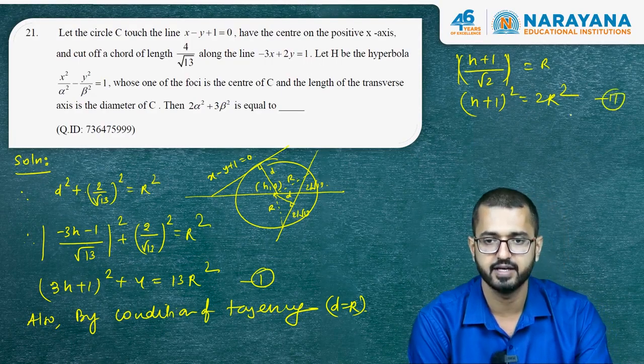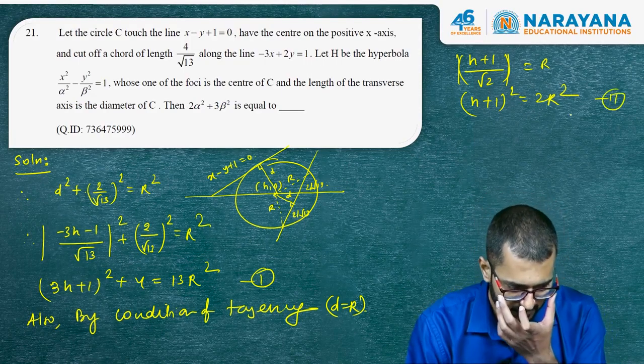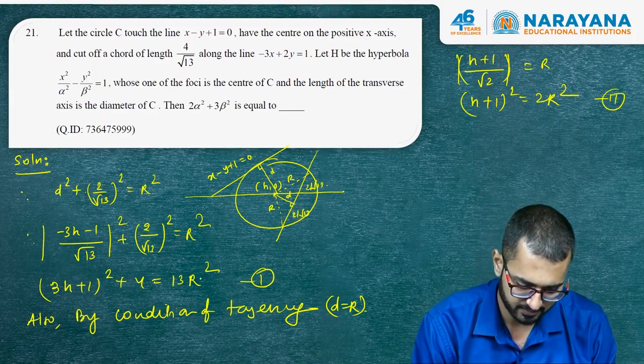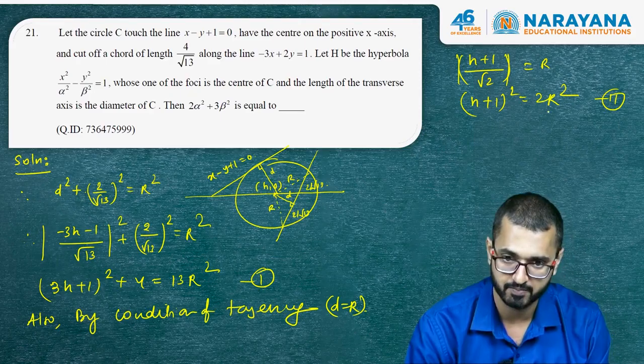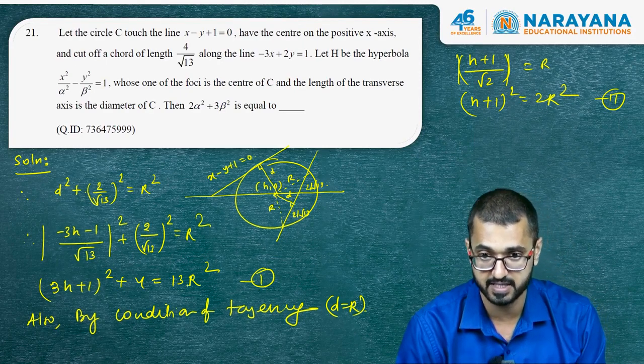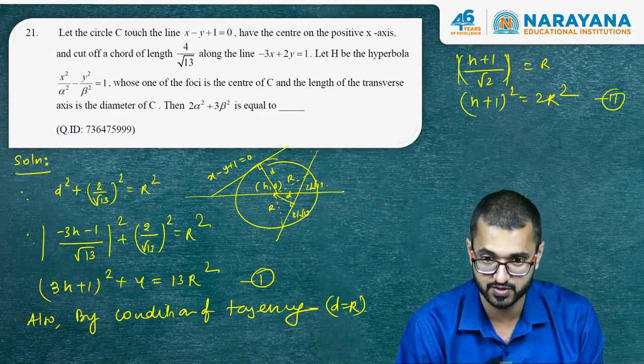So we have to get h and r from here. Let us do one thing. We will try to eliminate r² first. So this is 13 here, this is 2 here. I'll multiply the first equation by 2 and the second equation by 13 and subtract, so that 26r² is gone.